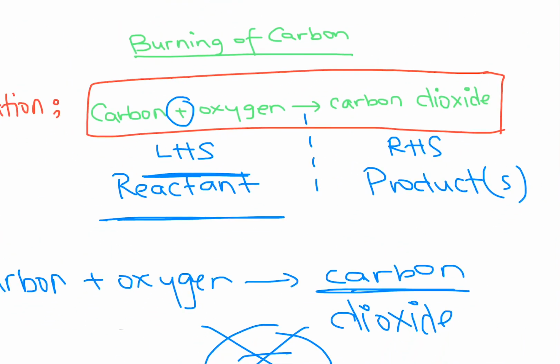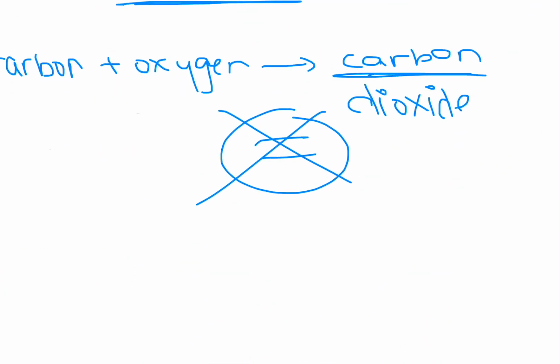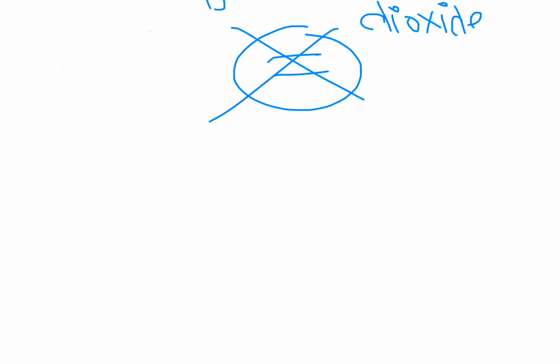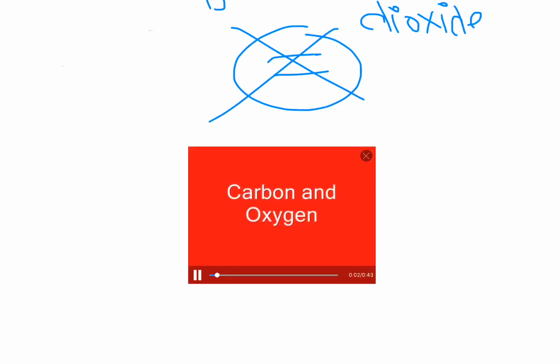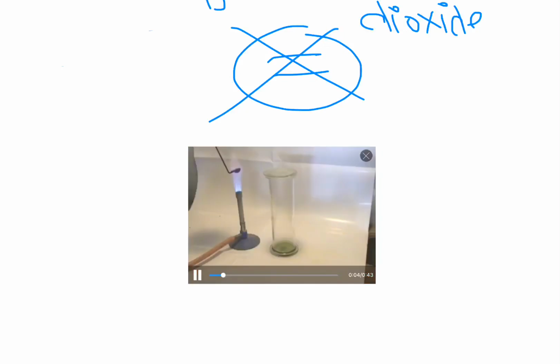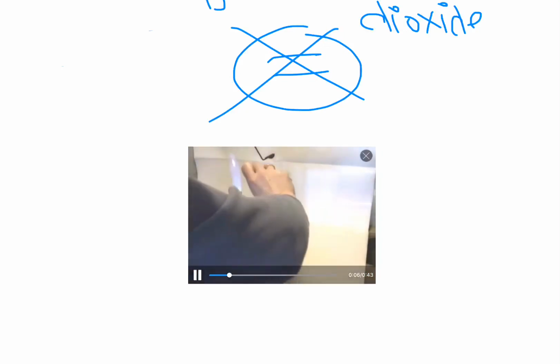Okay, so burning of carbon. Let's watch a little video that shows us the burning of carbon. So in this video, you have the carbon burning in a very bright flame.